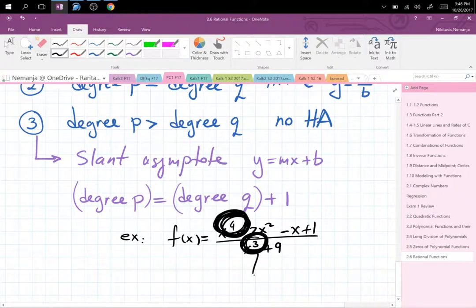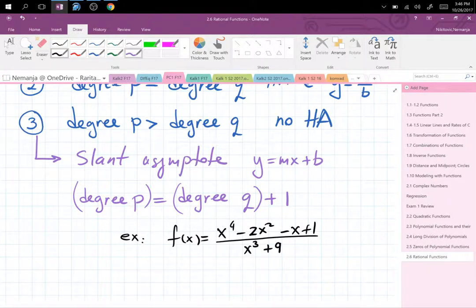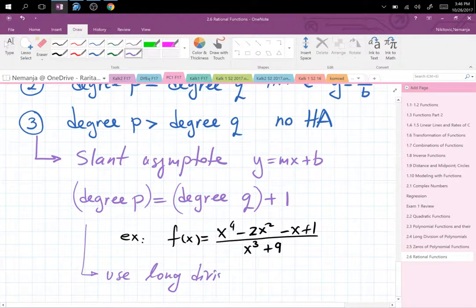So 4 and 3 are 1 unit apart, which means that you can perform long division and find that slant asymptote. So how do you find the slant asymptote? If the condition is satisfied, use long division to find the line.